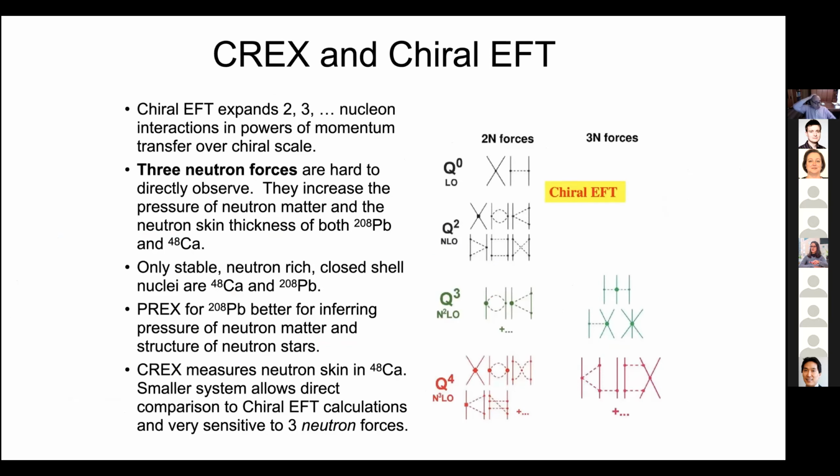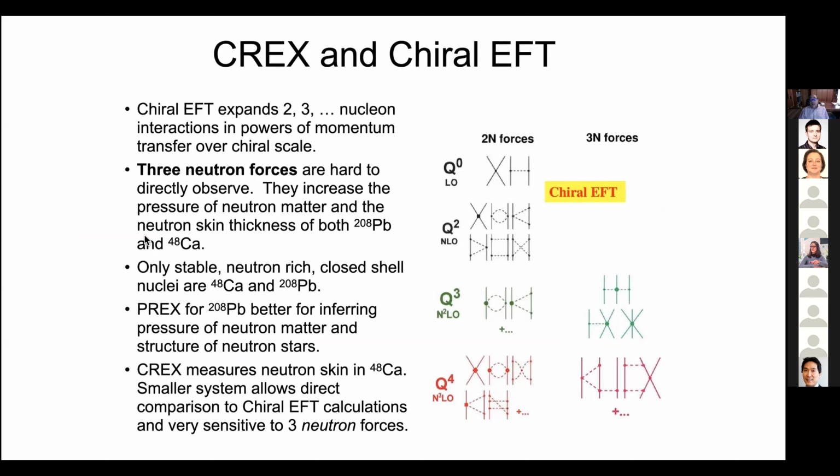Okay, great. So the last thing I want to talk about is CREX. This is a measurement on calcium-48. In chiral effective field theory, 2 and 3 nucleon forces are expanded in powers of a momentum transfer over the chiral scale. 3 neutron forces are very important for the neutron skin in both lead and calcium.